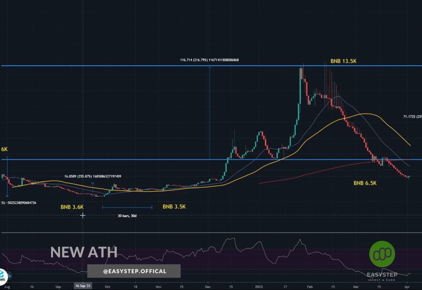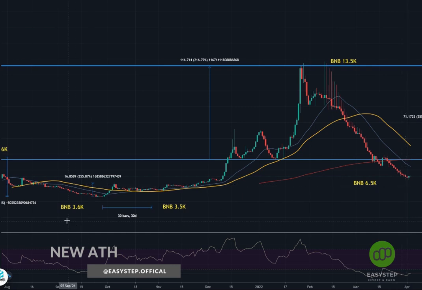So what's happening here is that when we begin to move back up to the upside, we're starting with a higher BNB balance. And what that means is that we have the potential to have a higher price.